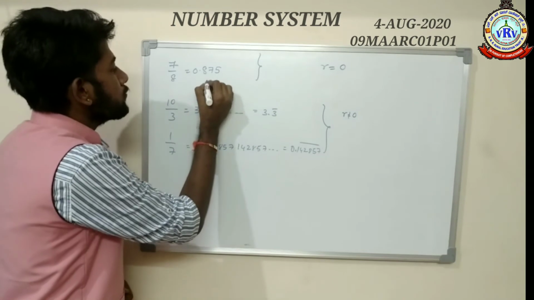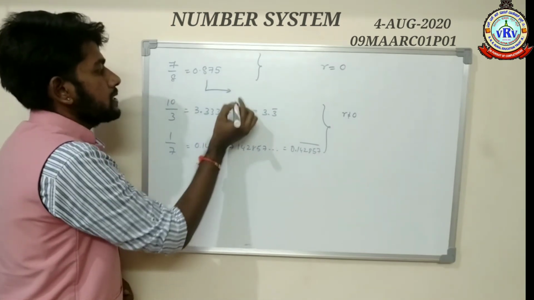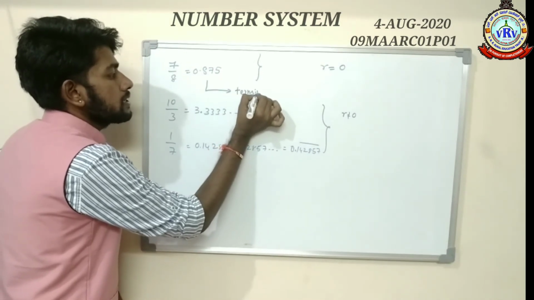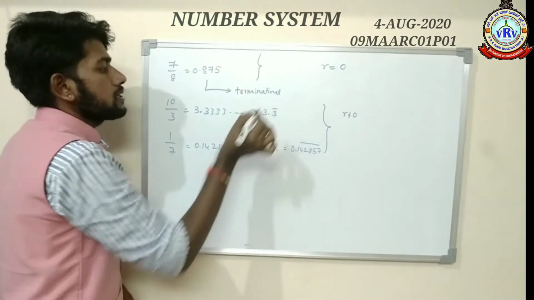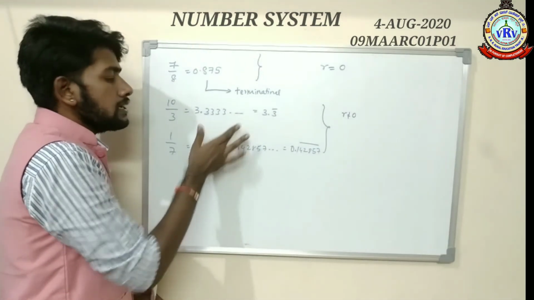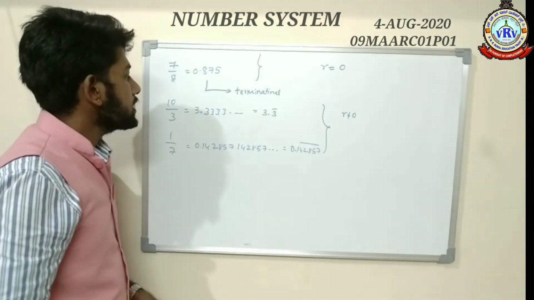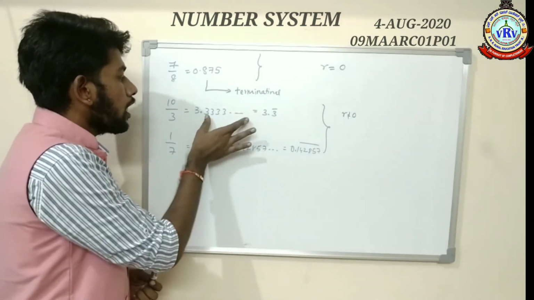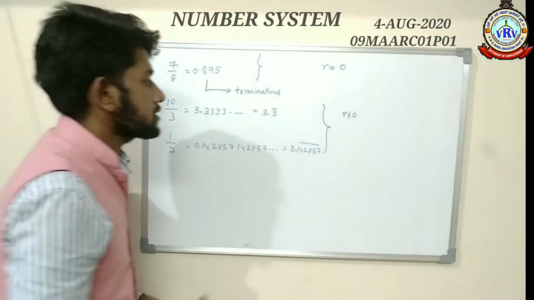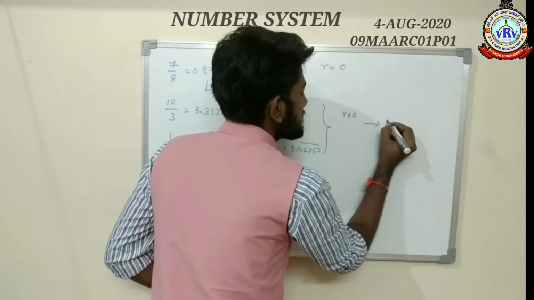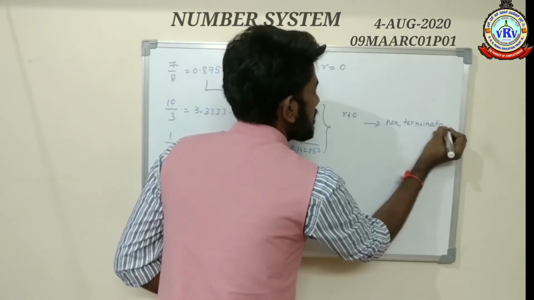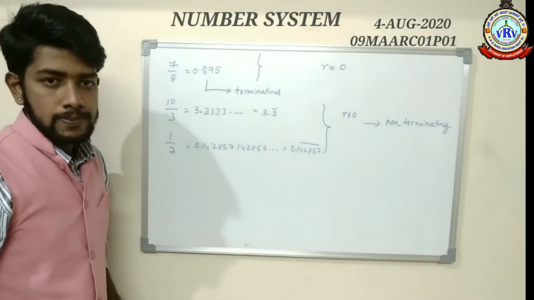So if you have a finite number of digits after the decimal, such a decimal expression is known as a terminating decimal expression. If we are getting a quotient with infinitely many digits after the decimal point, then such a decimal expression is a non-terminating decimal expression.